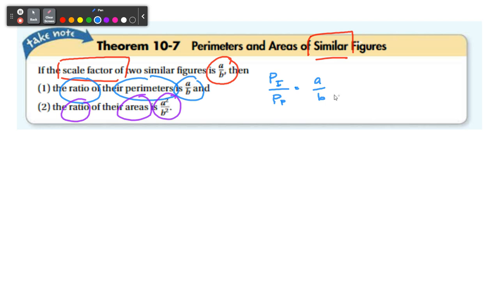So the area of the image divided by the area of the pre-image will be A squared over B squared. That is the scale factor squared.